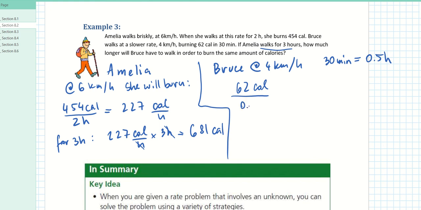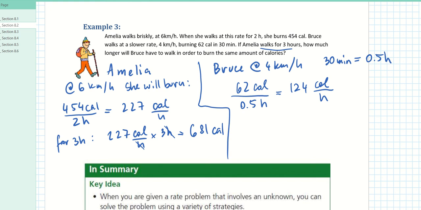So we're going to write 0.5 hours. This gives us the amount of calories per hour that he will burn. So 62 divided by 0.5 is basically just multiplying by 2. 62 times 2 is going to be 124. And the units are calories per hour. So now we know the calories per hour rate for Bruce.